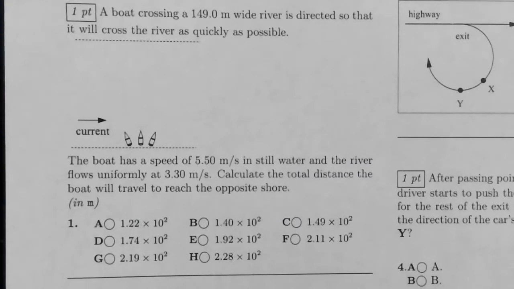So you see the picture of the current going to the right. We want to cross the river, which is basically we need to move vertically. Calculate the total distance the boat will travel to reach the opposite shore.